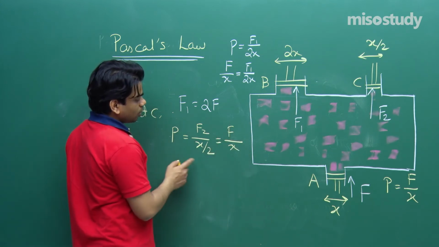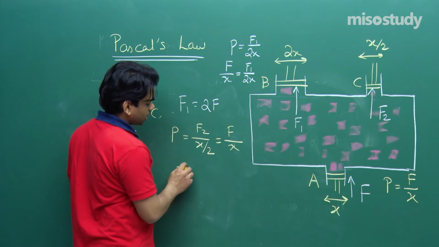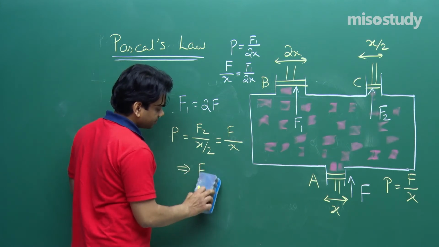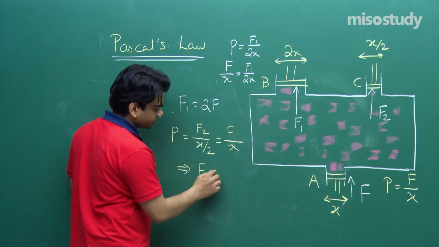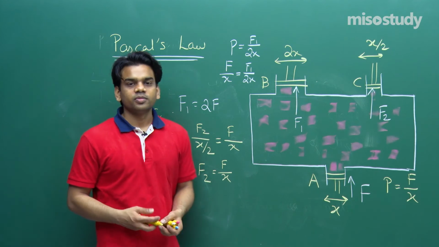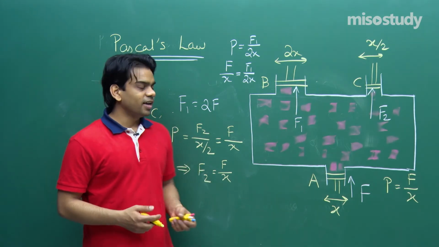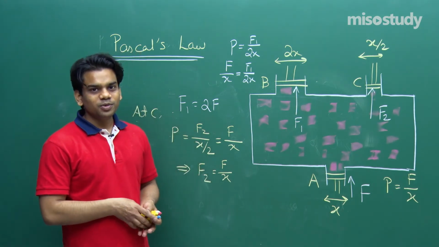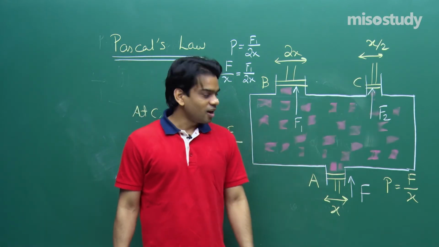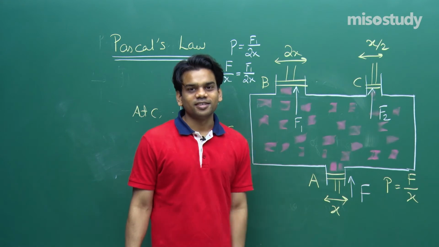So the 2 will go up, and F2 will come out to be F by 2. That is, the force experienced on this piston will be just half of the force that was exerted here.